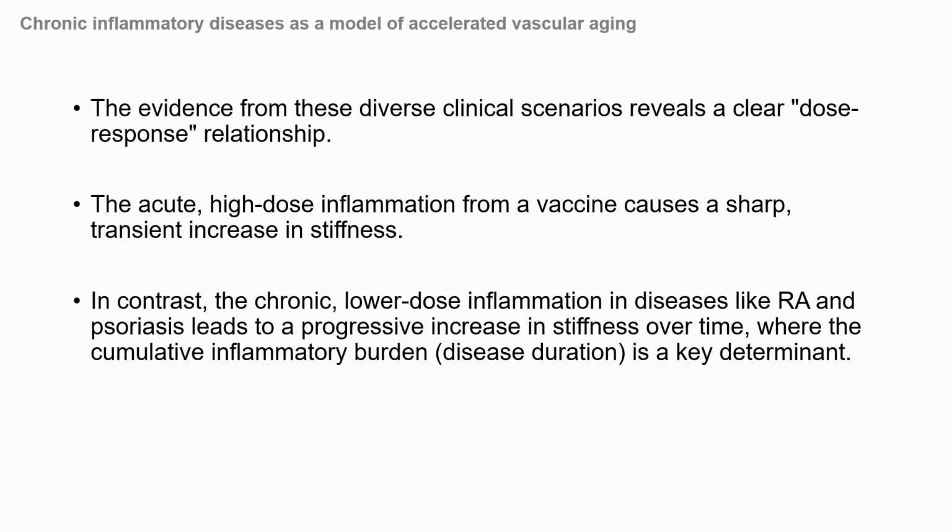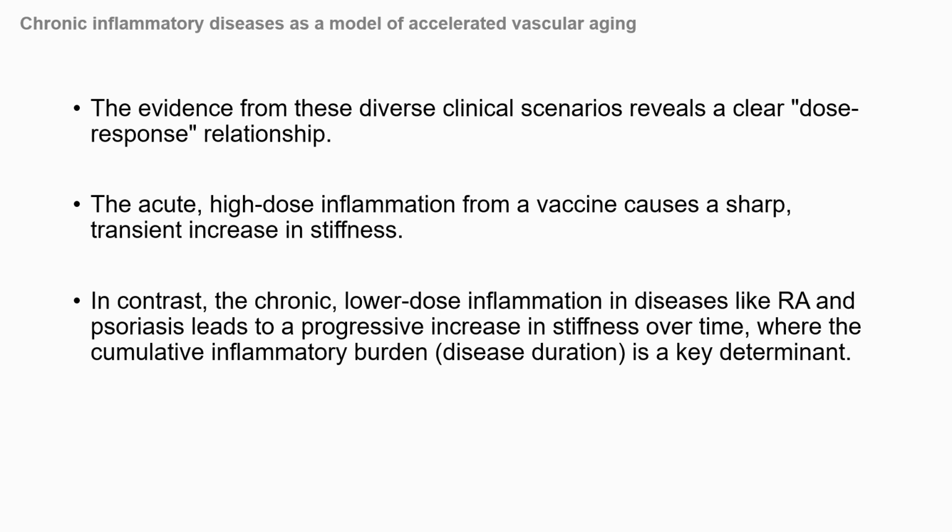So the evidence so far from these diverse clinical scenarios reveals a clear dose-response relationship. As you have seen in the randomized trial of vaccination, high-dose inflammation from a vaccine causes a sharp transient increase in stiffness that returned nearly to baseline after around 1 or 2 days.